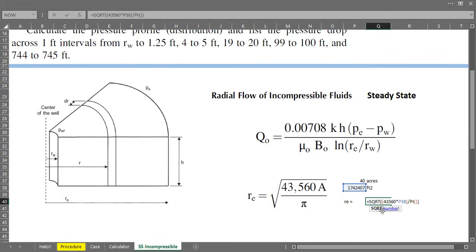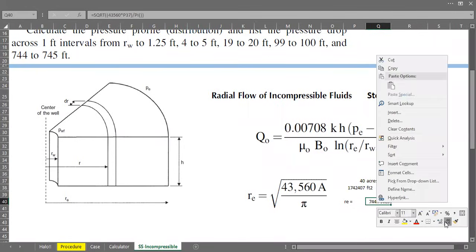Okay, let's make sure about this. Or maybe this one should be multiplied by this one divided by pi. All right.